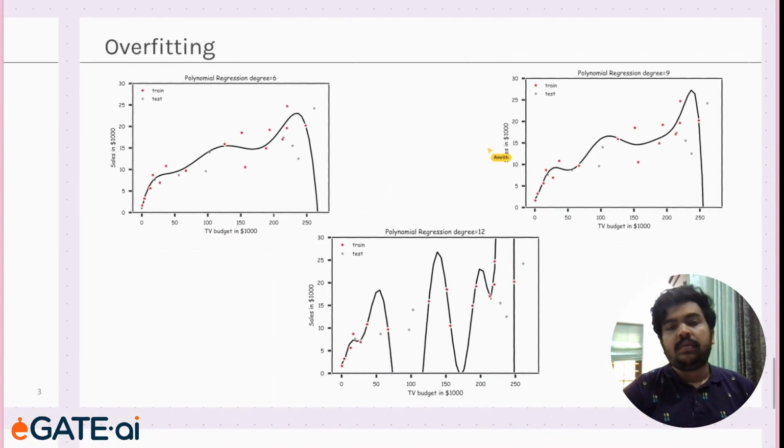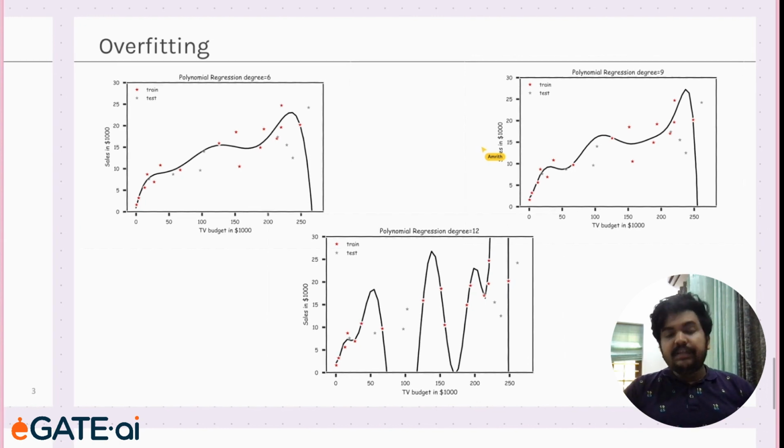Now, the higher the degree of the polynomial that we are trying to learn, we end up with more degrees of freedom, which seems like a good thing. But we have to always keep in mind that we essentially have more capacity to overfit the training data.